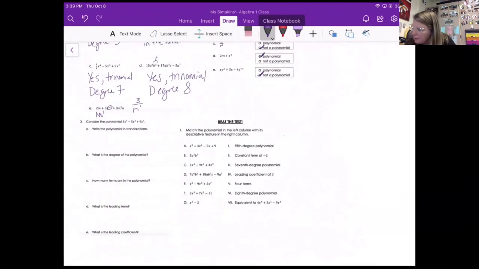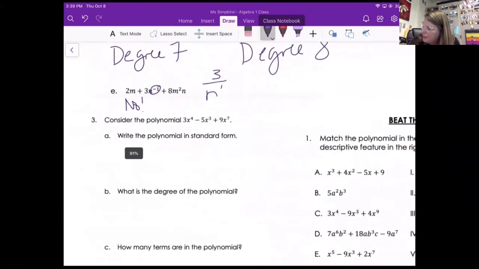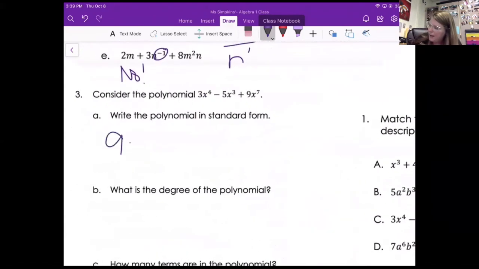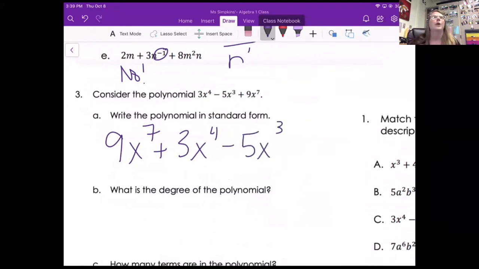Okay, number 3, we have 3 terms. We want to write them in standard form first, meaning we want to write it from biggest exponent descending. So the biggest exponent is 7: 9x to the 7th plus 3x to the 4th minus 5x to the 3rd. Its degree is its highest exponent, so that would be 7.